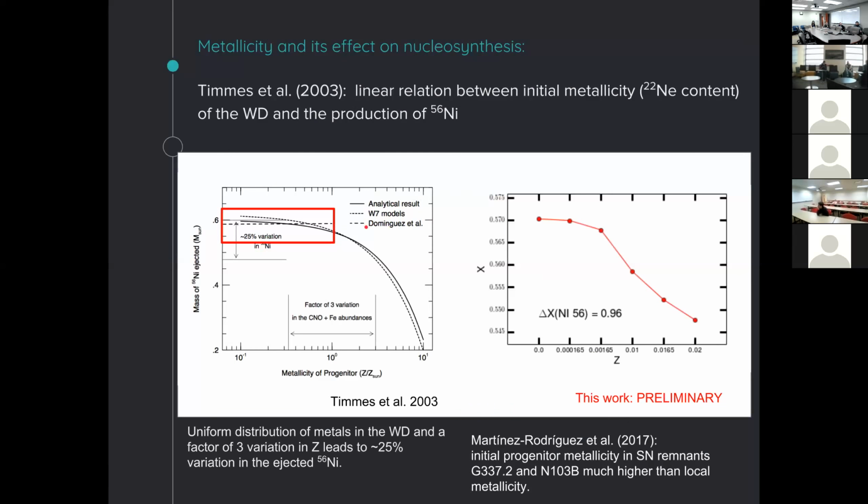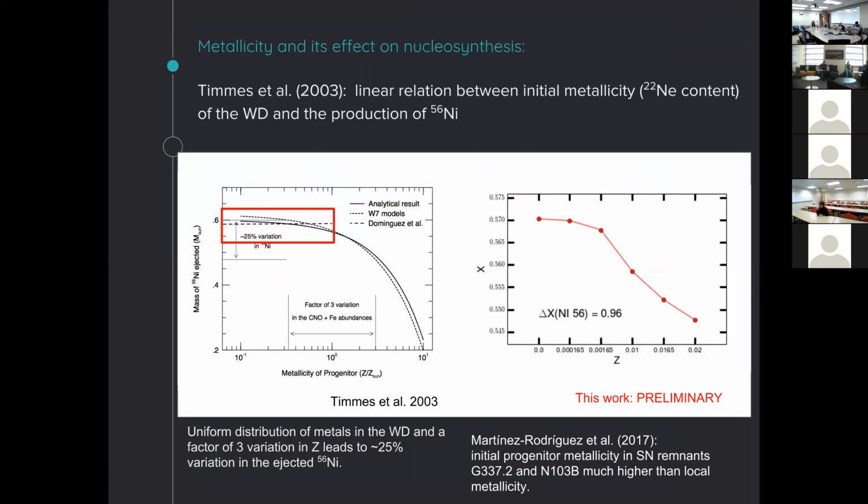Yes, so as a benchmarking exercise primarily, but also moving on and looking at nickel-56 to 58 ratios as a possible further work, we initially ran some models to look at the effect on nickel-56 production when varying the initial neon-22 content of our unburnt material.